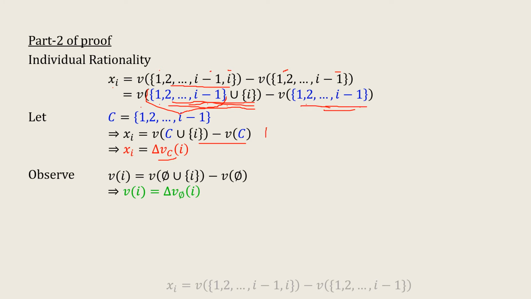So xi equals delta v(C,i). That's one expression that I'll need.